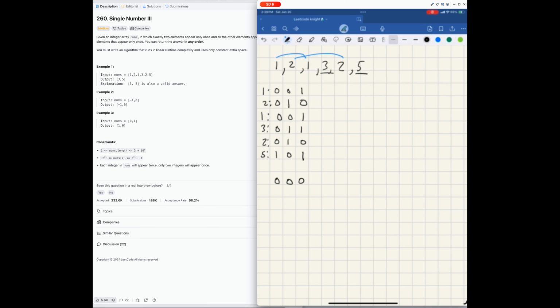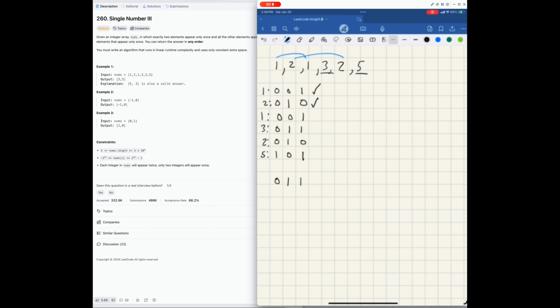We XOR 0, 0, 1, which is 1, and that gives us 1. Then 0, 1, 0, which is 2, and that gives us 0, 1, 1. And you understand why, right? Because we have the number here, which is different, and 0 and 1, those are both different, right?